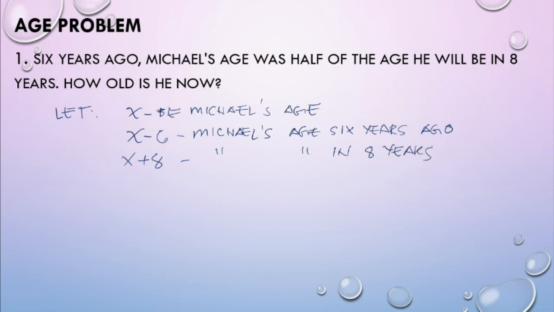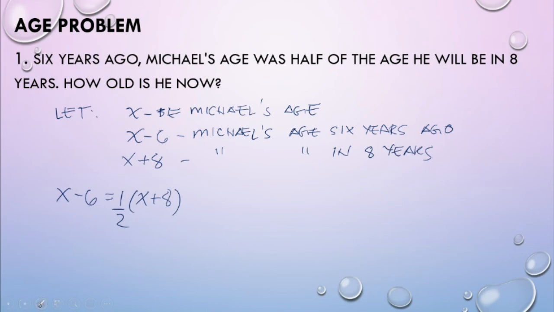Okay? Now let's have the equation. So sabi, 6 years ago, okay, so that is Michael's age 6 years ago, x minus 6. Michael's age was half of the age he will be in 8 years. So, half nung age niya in 8 years. So, that is x plus 8, okay, times 1 half.